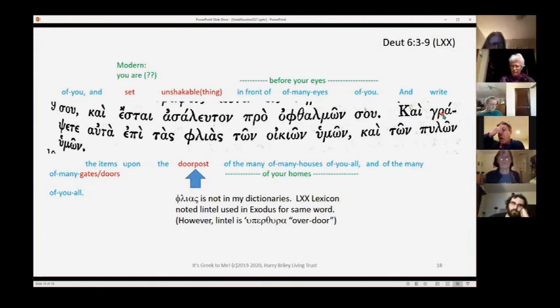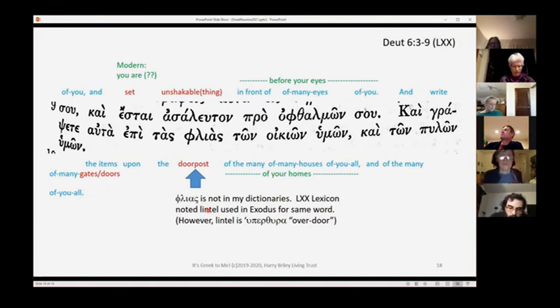And kai, graffiti is right. The items, so these are what items, these commands, these many words, upon the filius, flius means doorpost, not in my dictionaries, not in the lexicon.